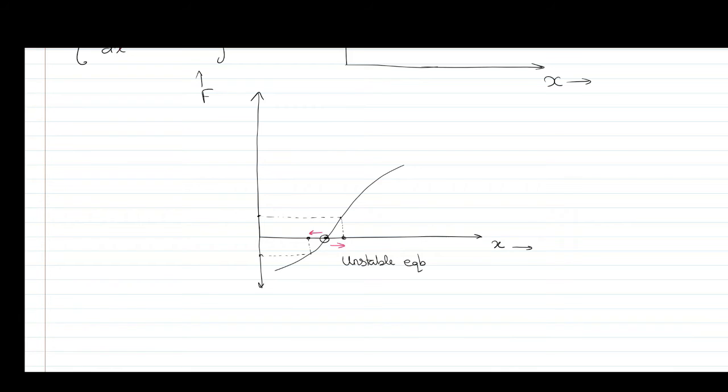So we can write it down: first thing is that force is 0, and other thing is that dF upon dx is positive. This is just the opposite of stable equilibrium. In stable equilibrium, dF upon dx was negative, and in unstable equilibrium, slope of the Fx graph, which is dF upon dx, is positive.